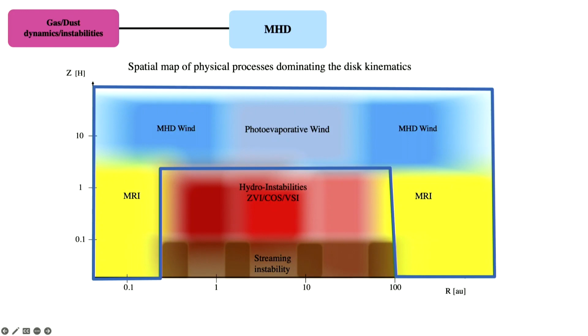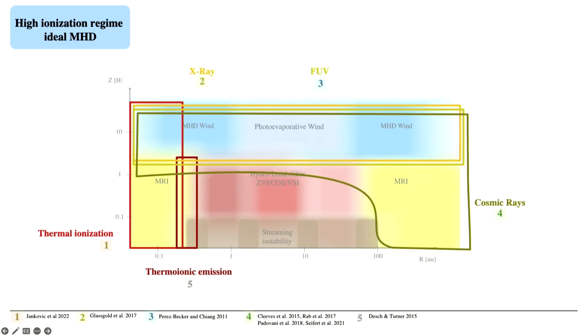And for the MHD to work, you need ionization, right? This summarizes what we have known today. We have thermal ionization in these hot inner parts, where the alkali metals in the gas phase do the job to provide the free electrons. Then you have thermionic emission in the regimes where you also have dust grains releasing free electrons.